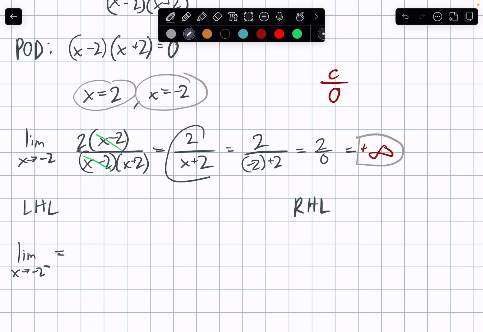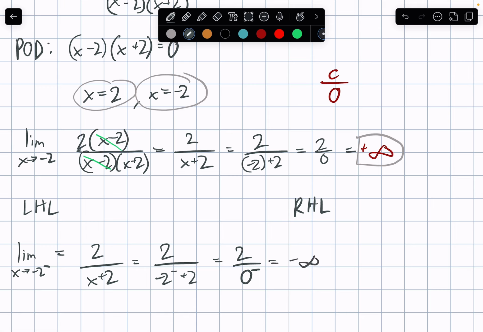So this time you just copy the cancelled, the more simplified version, and substitute. This is going to be 0 with the left hand sign, so this is going to be equal to negative infinity. Take note.